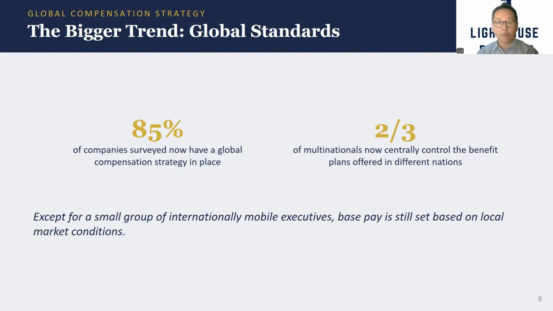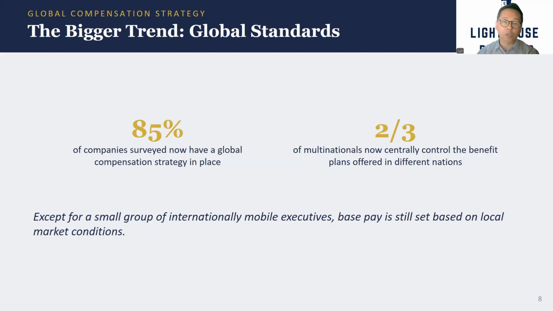McDonald's is not alone in moving forward global compensation standards. A survey by Mercer Management Consulting found that 85% of companies surveyed now have a global compensation strategy in place. Another survey found that 2/3 of multinational companies now exercise central control over the benefit plans they offer in different countries.